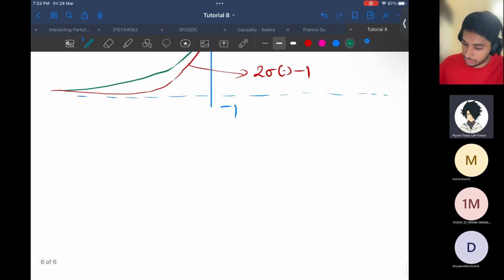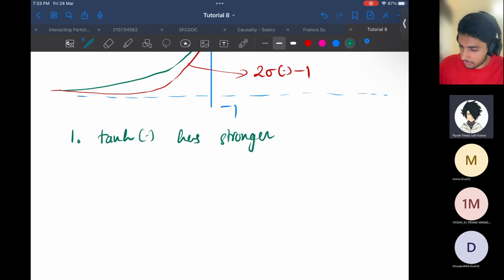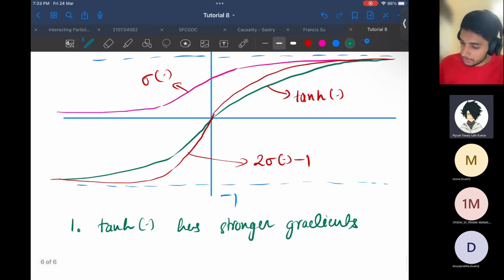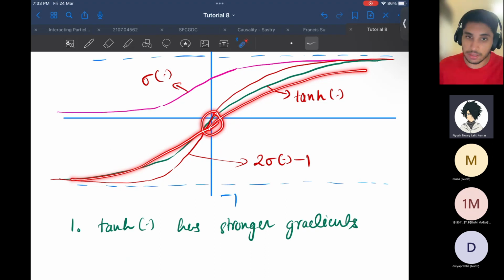The first thing is that tanh has stronger gradients. Why is that? Since tanh is centered around zero, the derivatives are higher.